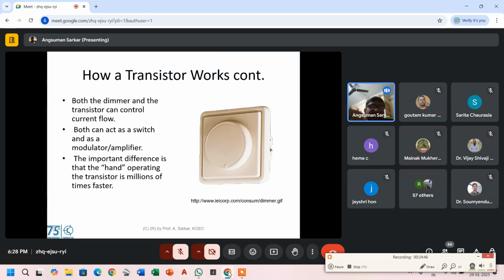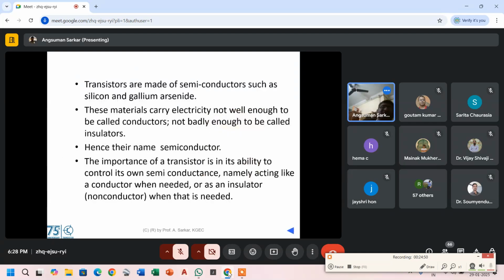So it is a million times faster than our hand-operated device. Transistors are normally made of semiconductors such as silicon, germanium, and gallium arsenide. A transistor can be based upon an elemental semiconductor, or it can be based upon a compound semiconductor. This material can carry electricity not well enough to be a conductor, but it is between an insulator and a conductor. Hence the name semiconductor.